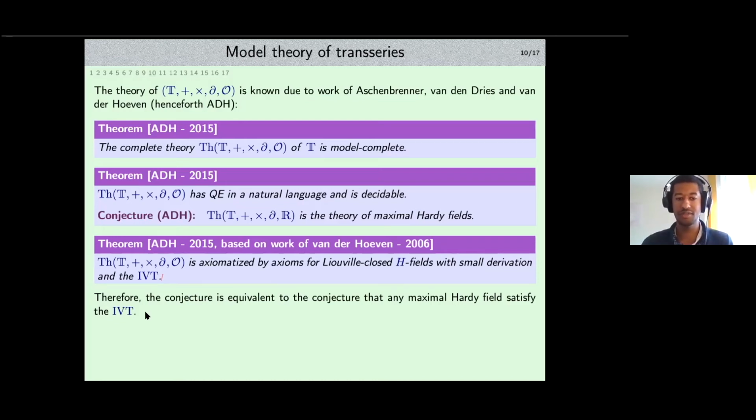Which means that the conjecture here is equivalent to the conjecture that maximal Hardy fields also satisfy this intermediate value theorem. So in the sequel I will talk about my work regarding surreal numbers and their relation to H-fields.